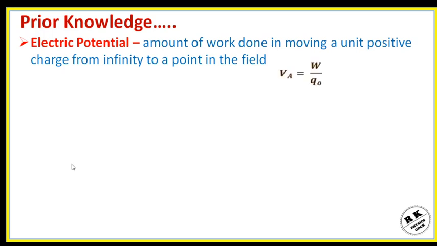Mathematically, it can be expressed as V is equal to W by Q naught. Here VA stands for potential at point A. Q naught stands for unit positive charge, or sometimes it is also called a test charge. W is the work done in moving the test charge.